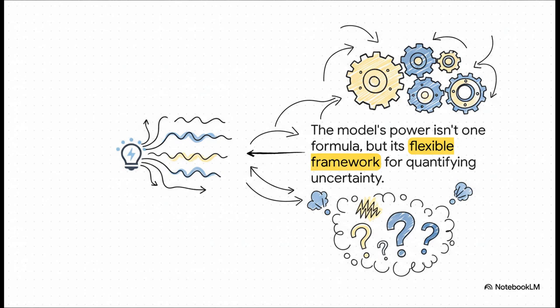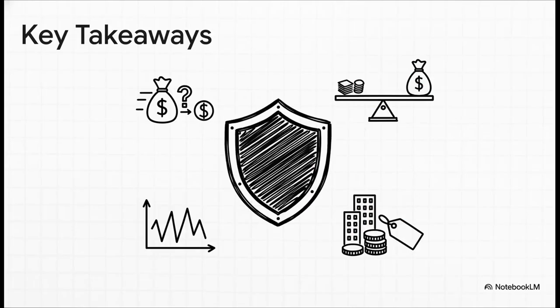So the real power here, the big takeaway, isn't in any one specific equation. It's the flexibility of the whole approach. It gives you a structured, logical way to think about and measure uncertainty. And it doesn't matter what kind of risk you're talking about. So if you remember one thing, it's this. This model gives you the complete picture. It's not just about guessing the total risk. It's about breaking it apart.